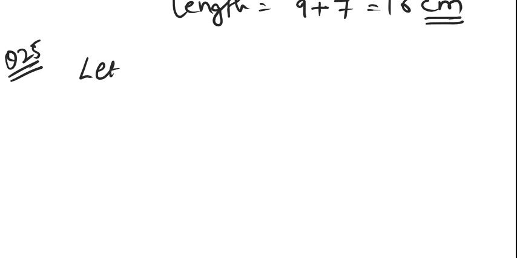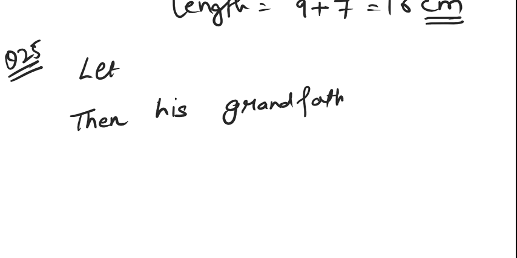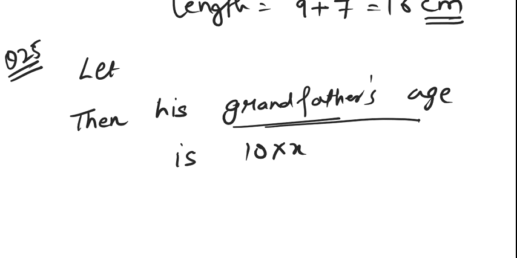Now again write down, then his grandfather's age is 10 into x. Why 10 into x? Because the question said that the grandfather's age is 10 times the age of the grandson. So grandson's age is x and grandfather's age is 10x.